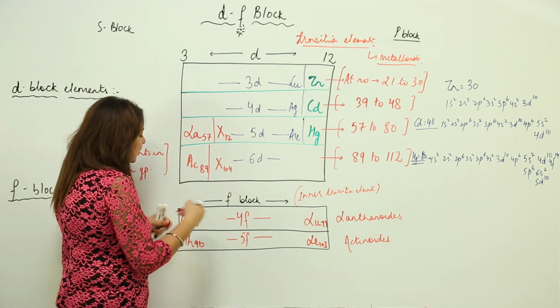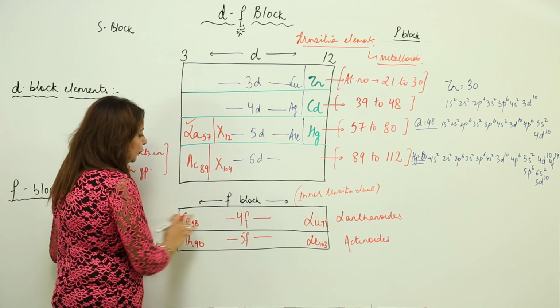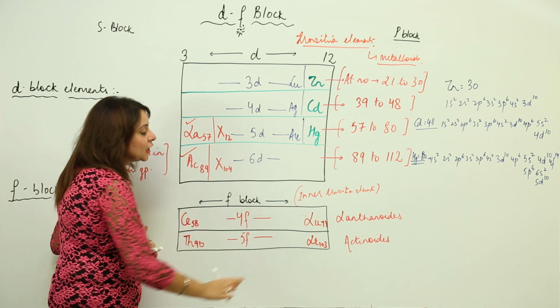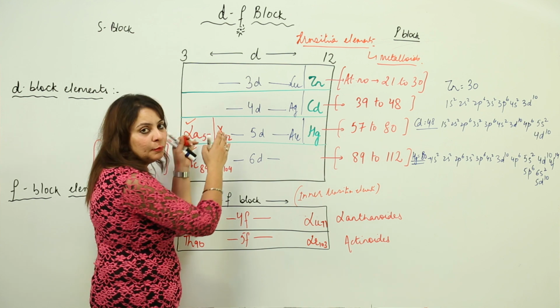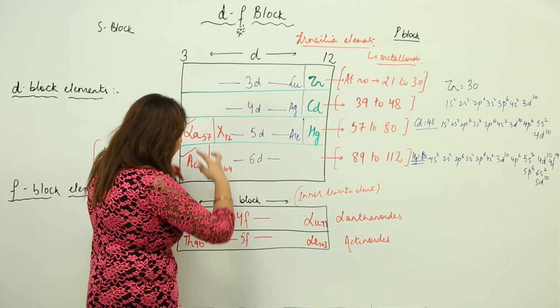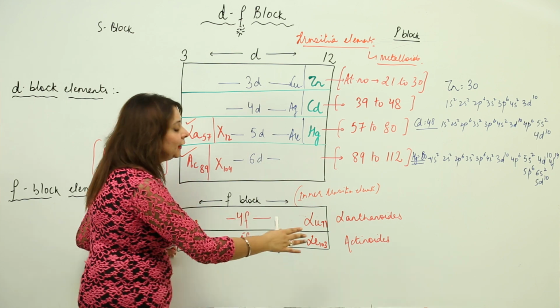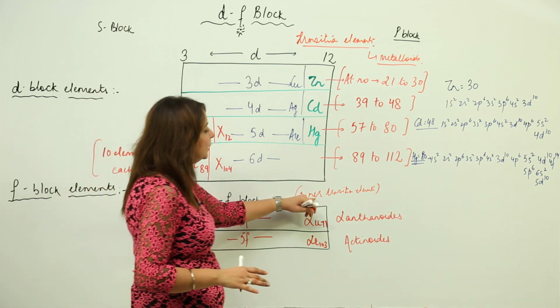See here, the inner transition elements start from lanthanum, the first series, and the other one starts with actinium. So these elements actually belong to this place, but they are squeezed up and placed at the bottom of the D block, in separate periods. That is why their name is inner transition elements.